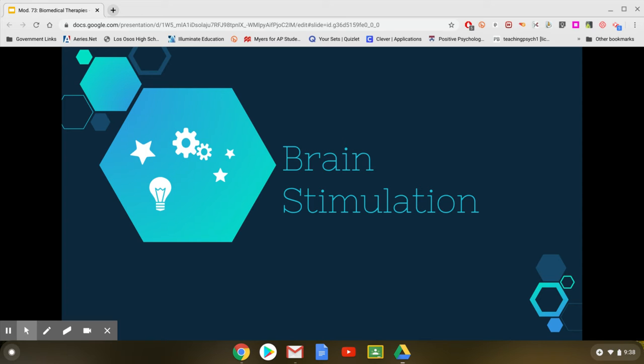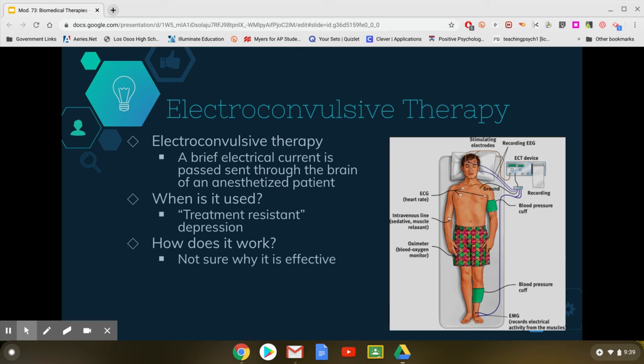So that wraps up our medication section, our drugs. What we're going to look at next are various types of brain stimulation that are also used as biomedical treatments. The first biomedical treatment in terms of brain stimulation that we're going to look at is abbreviated as ECT, or electroconvulsive therapy.